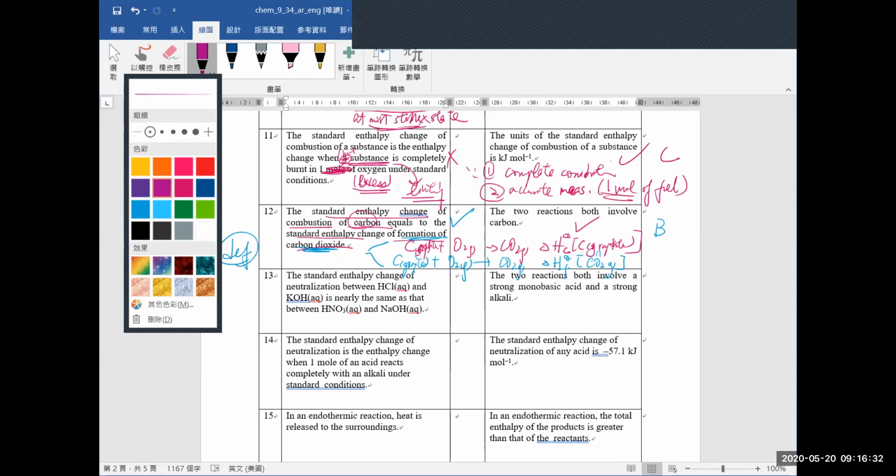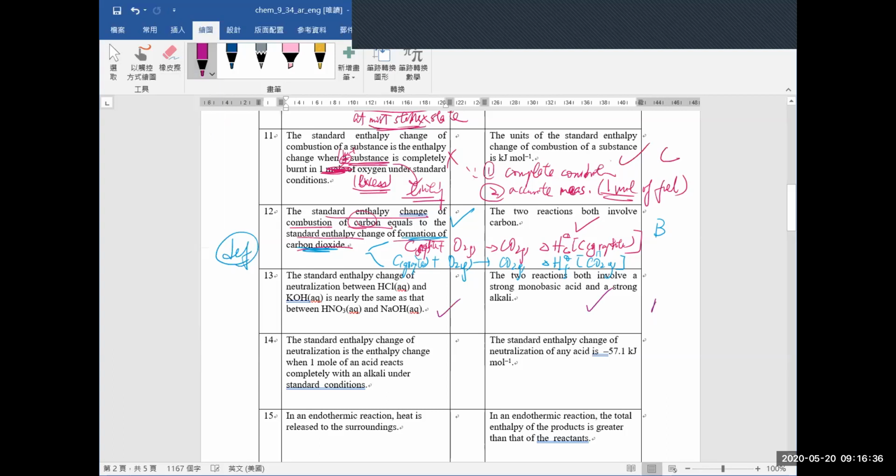You write down as A, not question mark. The answer is A, not question mark. Okay, it's a cause and effect logic. So you may find there is a strong acid, strong alkaline combination, and as well as the acid is monobasic. Okay, why? Why are they nearly the same? Do you know?